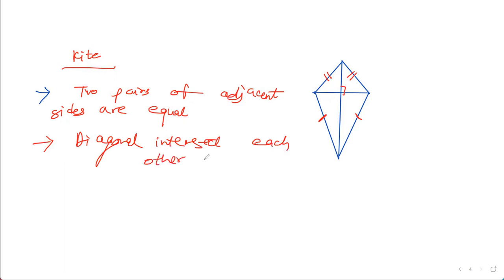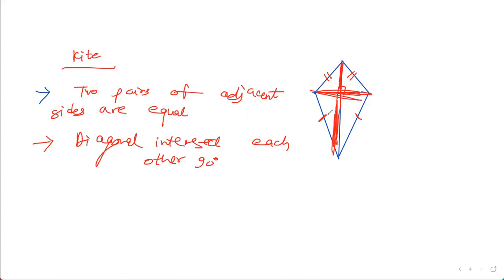Now, why are we saying intersect? Because if you see the figure, you'll understand. This diagonal, the longer one, is bisecting the smaller one into two equal parts. But obviously, the smaller one is not bisecting the bigger one, right? As you can see, the upper part is smaller and the lower part is bigger or longer.